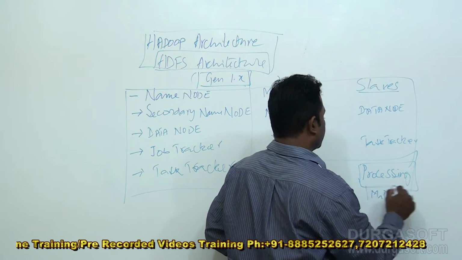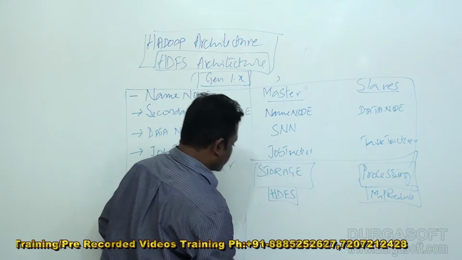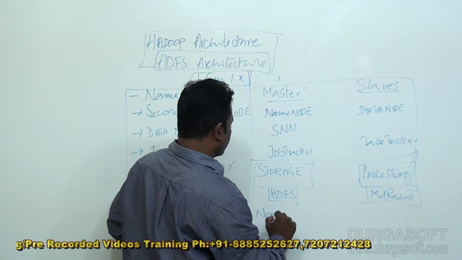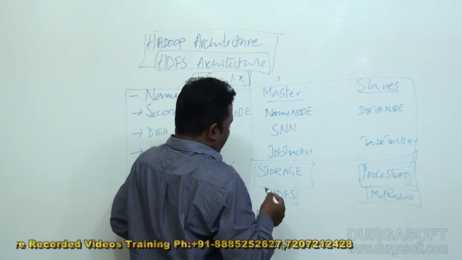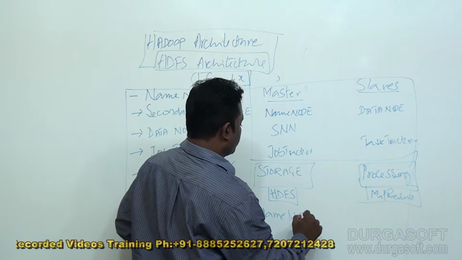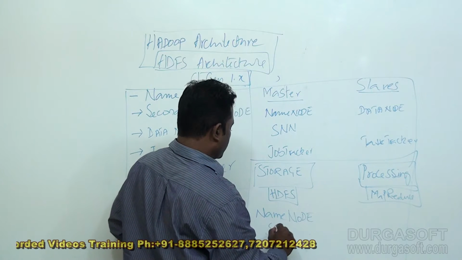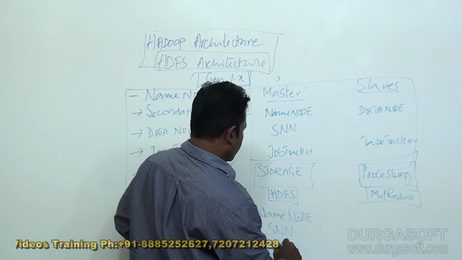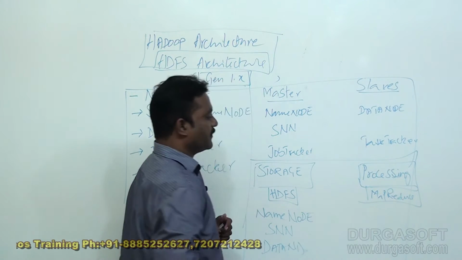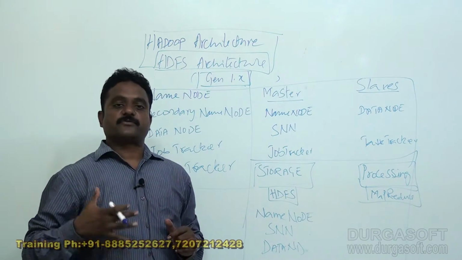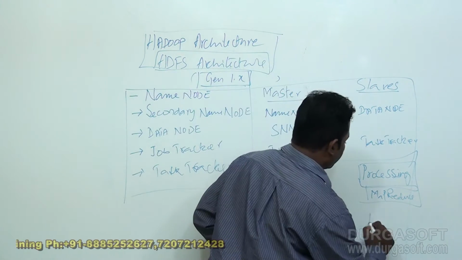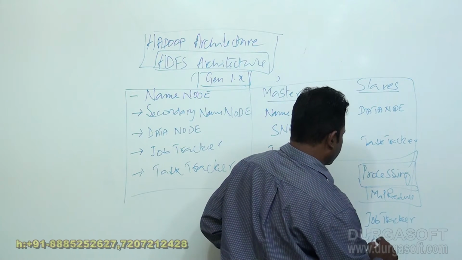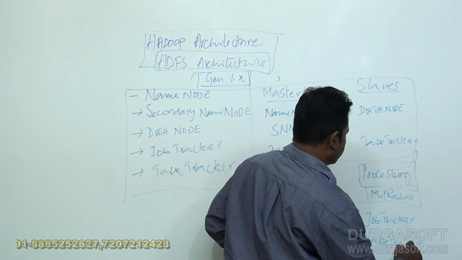For HDFS storage, the supporting processes for storing the data are name node, secondary name node, and data node. When it comes to processing, or MapReduce, here comes the job tracker and task tracker.